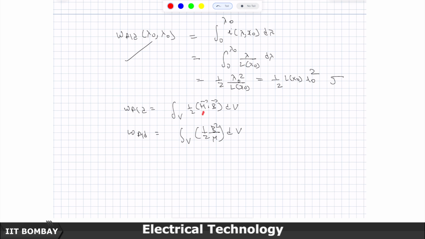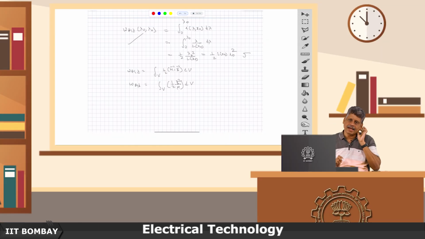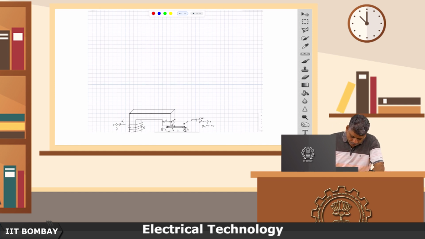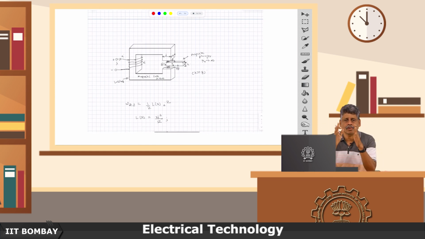H can be written, because we are talking in terms of lambda, meaning our state variable is in terms of B, as H equal to B by mu, and instead write this volume integral W_fld as the volume integral over V of half B squared by mu dV.